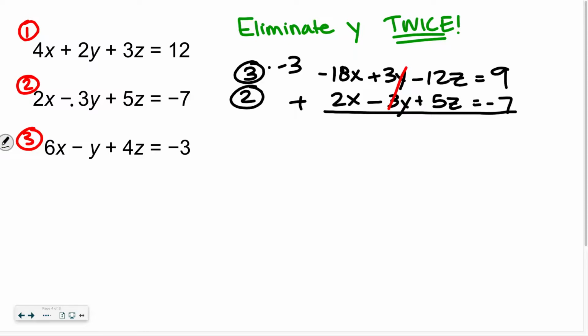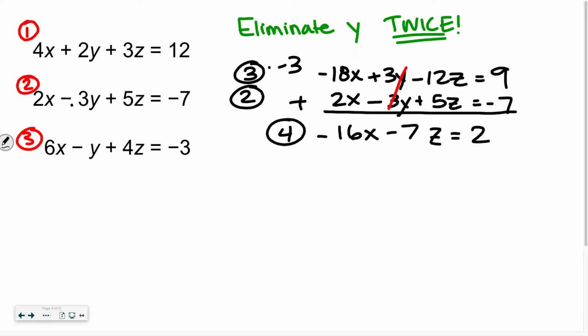Okay, add down. Get -16x minus 7z equals 2. And that's a brand new equation, but now it has only 2 variables, not 3. I'm going to call that equation 4.